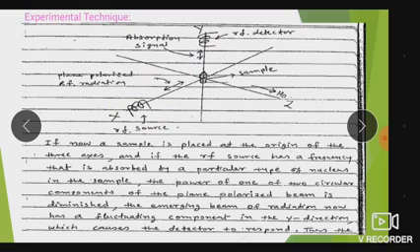Now if a sample is placed at the origin of the three axes, and if the RF source has a frequency that is absorbed by the particular type of nucleus in the sample, the power of one of the two circular components of the plane polarized beam is diminished, and the emerging beam of radiation now has a fluctuating component in the y direction.